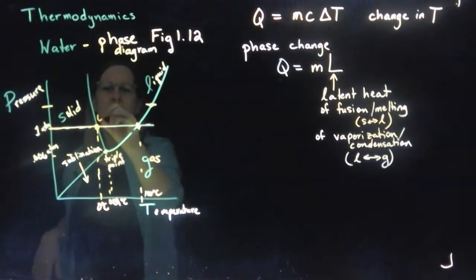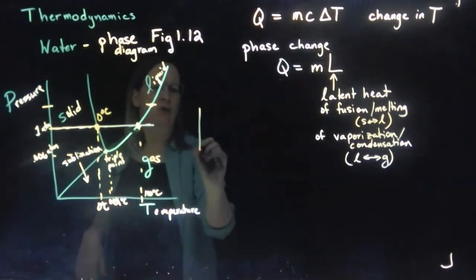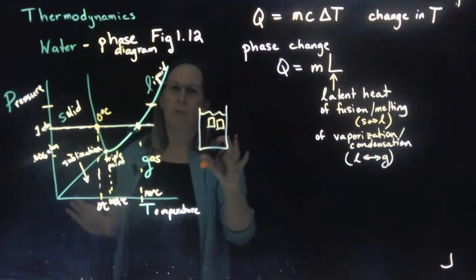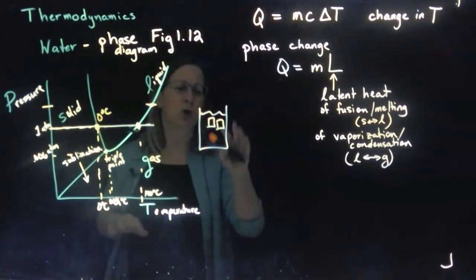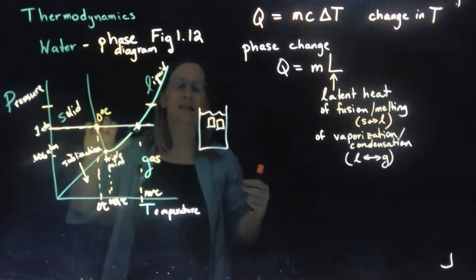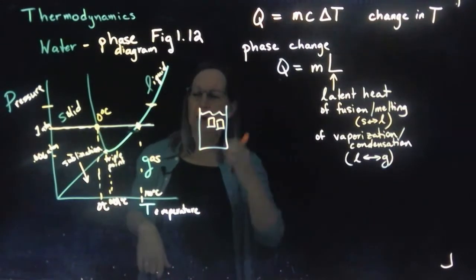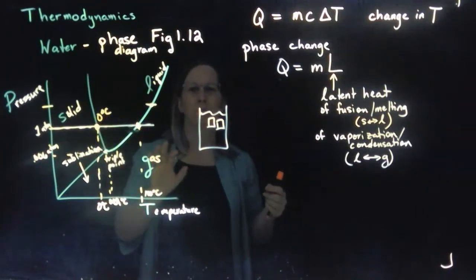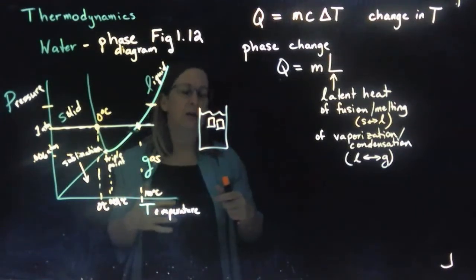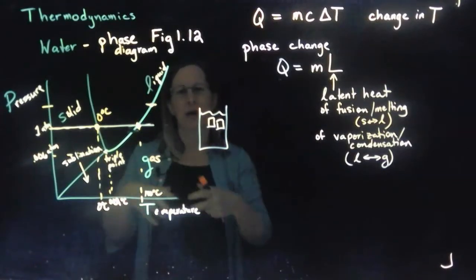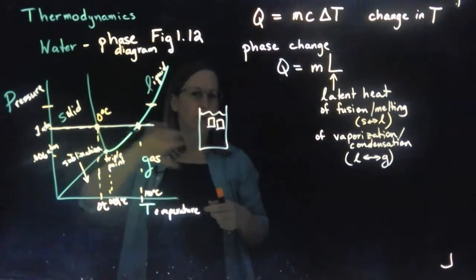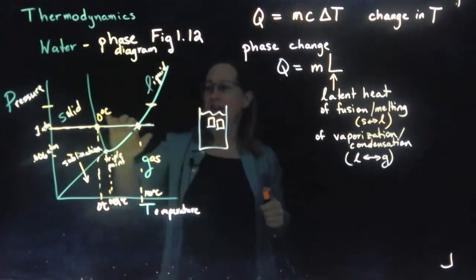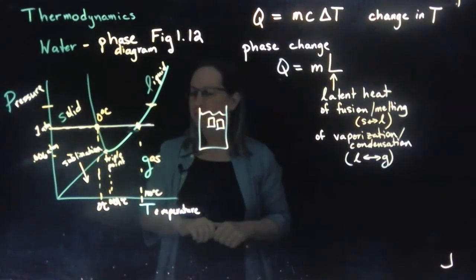So that would be 0 C. If we have, here's our water, we put some ice cubes in, the ice cubes melt, then you already know the temperature of the water slushy ice mix is at 0 C, if all of the ice isn't melted. And so then you can figure out how much ice might be left, or how much ice do I need to cool my liquid down to 0 C, which is a nice, refreshing glass of ice water, right? That's what we like, at least when it's hot outside.